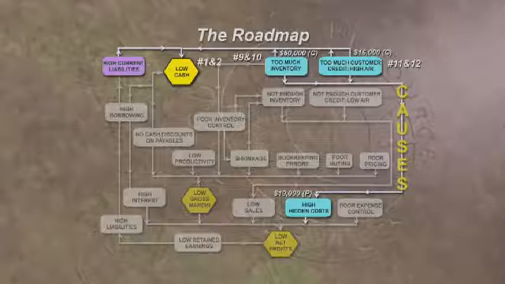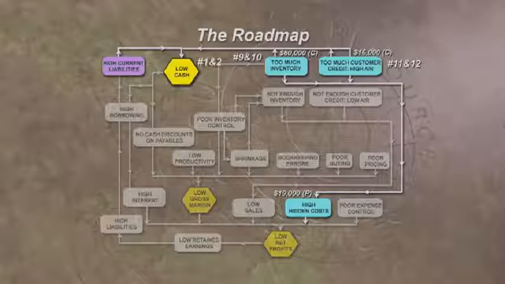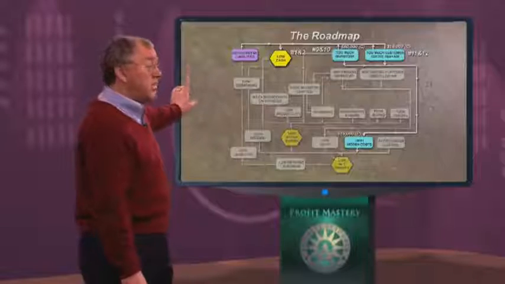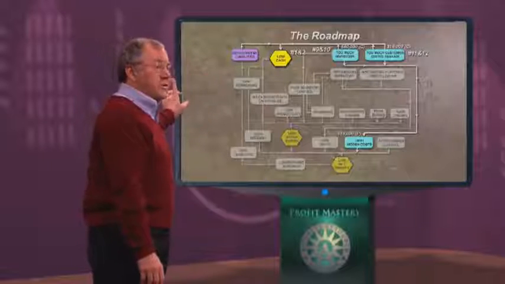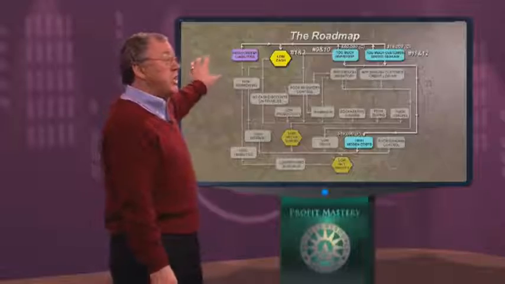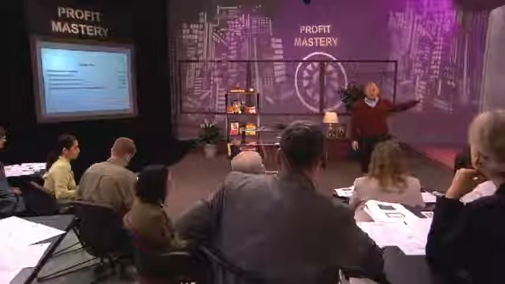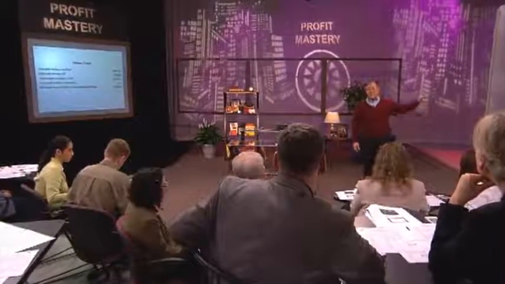You with me? $19,000 profit. All right. Now, when we get back together, we'll come out of the low cash box going against is caused by, but instead of turning right, we'll turn left. And we'll take on essentially the financial side of our roadmap, the financing side of our roadmap.